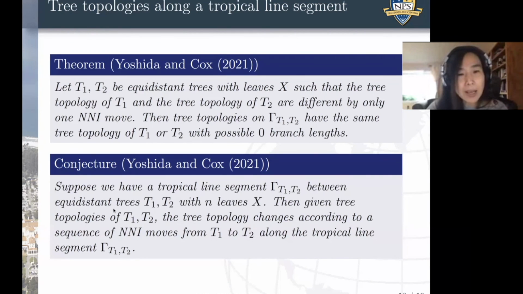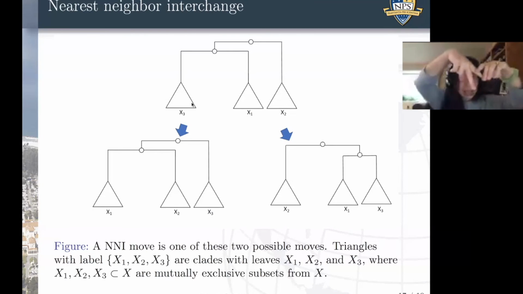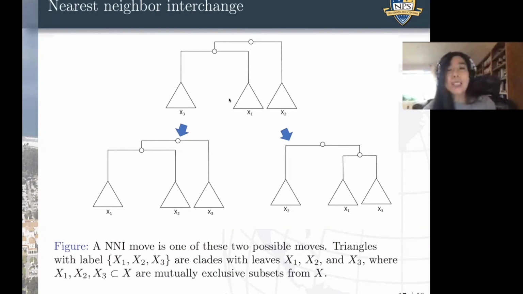So suppose this is T1 and I want to move to T2. Then this edge becomes 0, and it looks like T1, T2, T3 are all hanging like this, and then it branches out like this. That is what the tree topology looks like along a tropical line segment between those trees. That I can show.